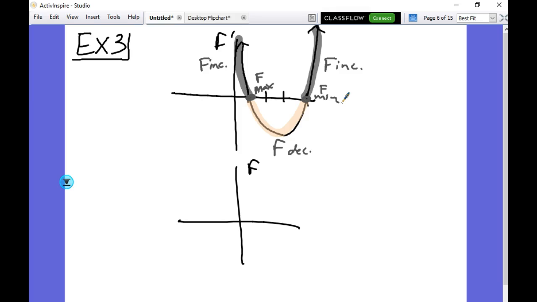Increase, decrease, increase. It's going to increase until I get to what number? Then it's going to reach a max there, and then it's going to decrease until I get to 4, and then it's going to start to increase.